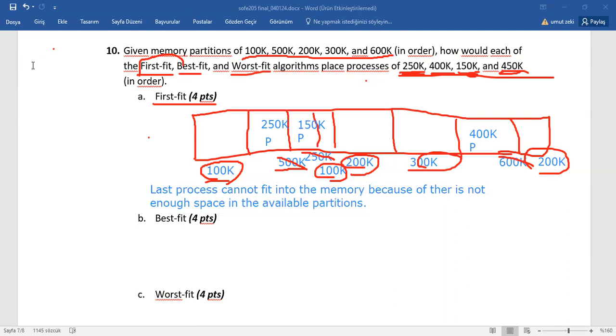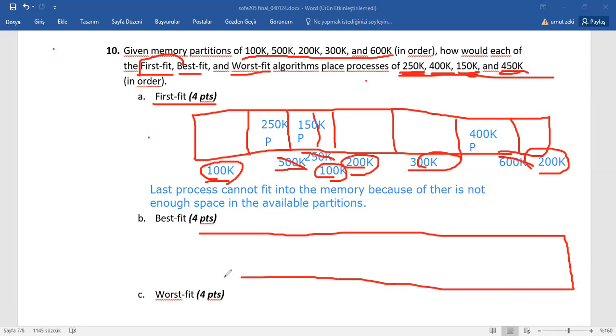The second one is best fit. What is the best fit? In best fit, it checks all partitions and puts the process in the best one.